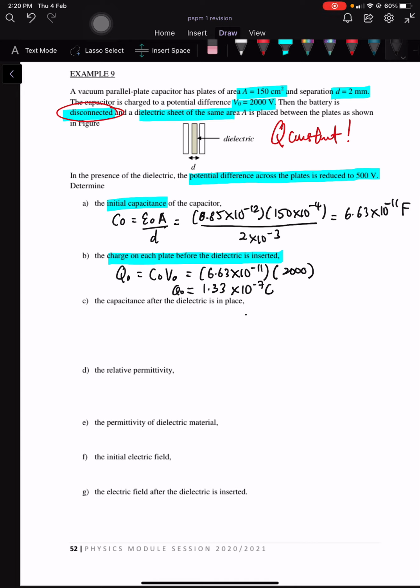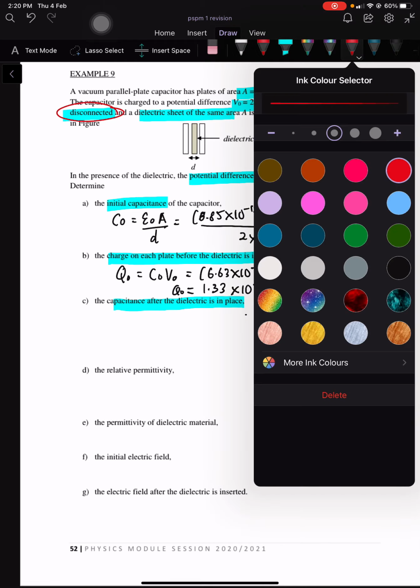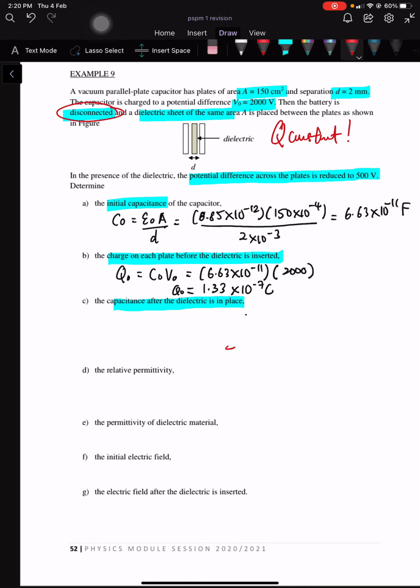Okay, so next is the capacitance after the dielectric is in place. So the new capacitance after the dielectric is in place is C yang baru. Nak cari C yang baru, jadi Q sama. Q naught sama dengan Q yang baru, Q equal to CV.